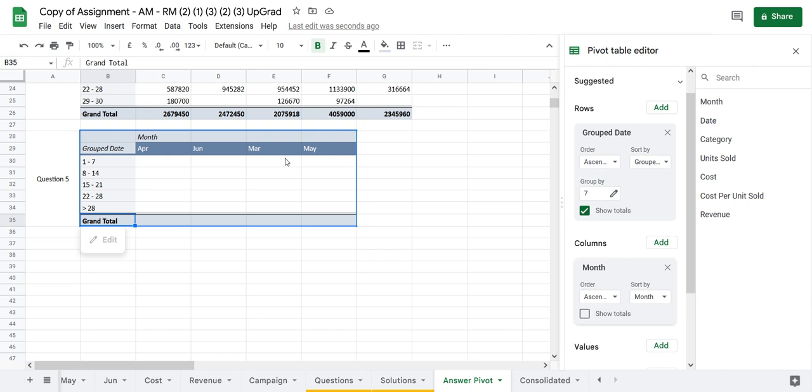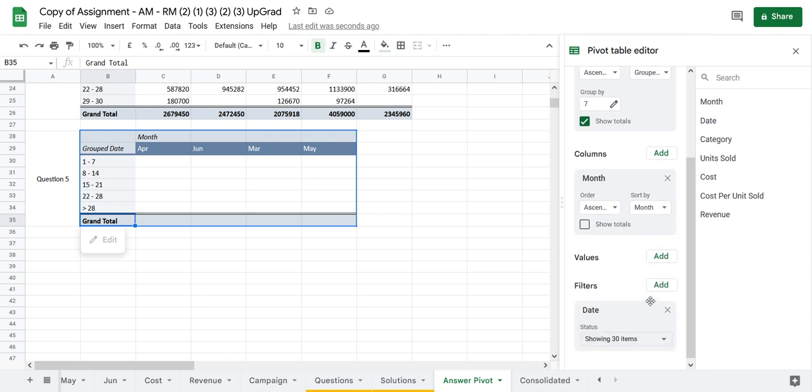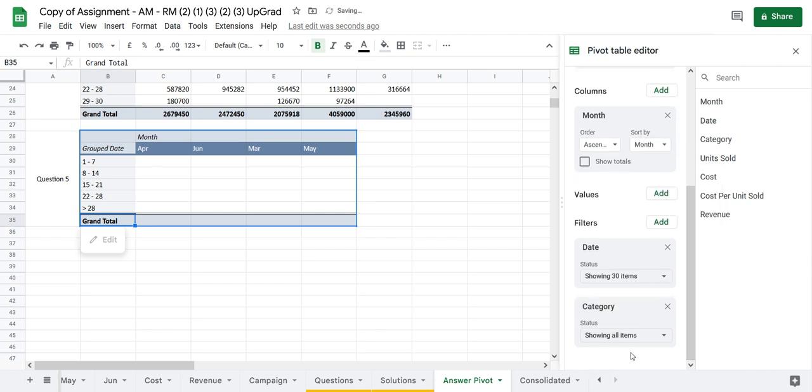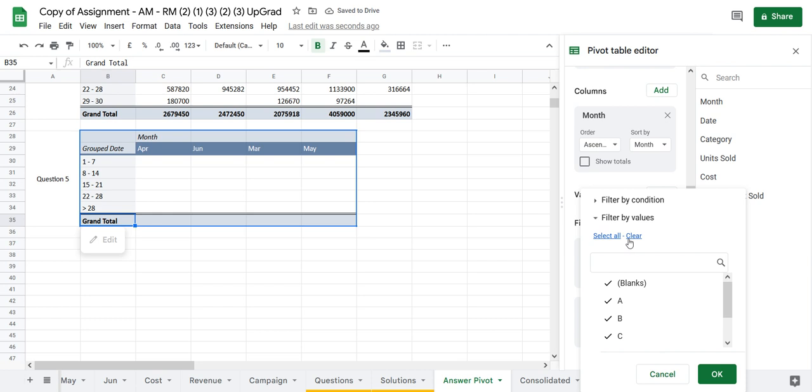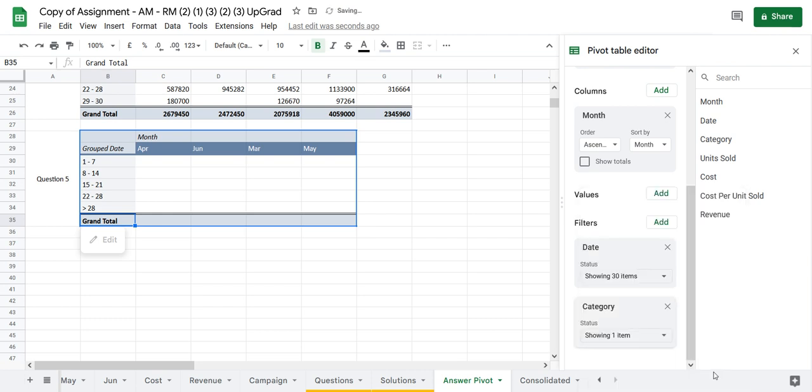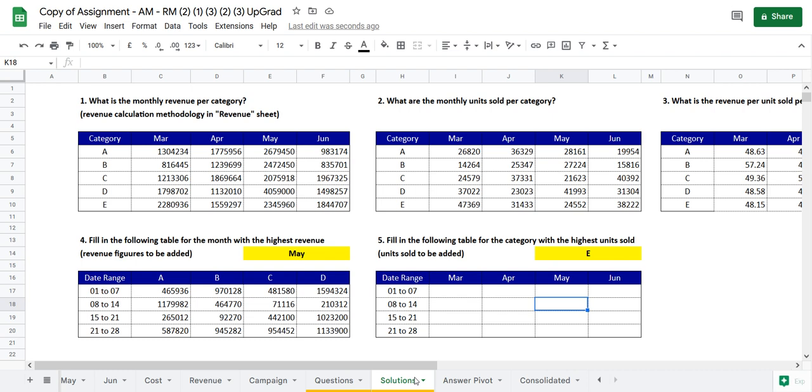Now the next thing is we want only category E data. So I'll add one more filter, and in this I'll select only category E. This is done. Now what is the next thing? If you observe the question carefully, we want units sold.